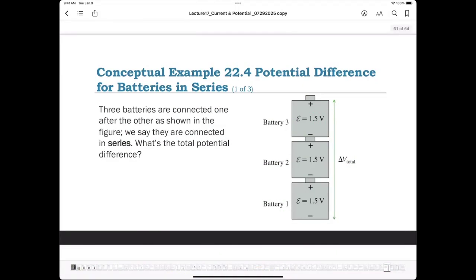Okay, let's talk about this conceptual example: potential difference for batteries in series. Three batteries are connected one after the other as shown in the figure. We see they are connected in series. What's the total potential difference?